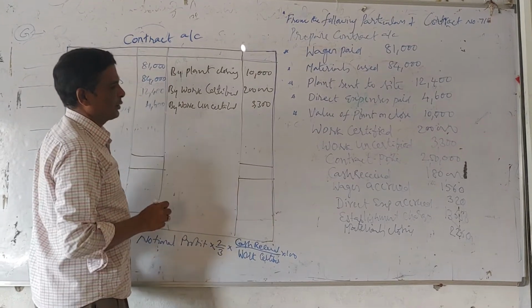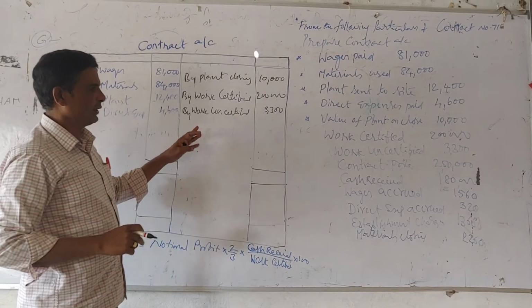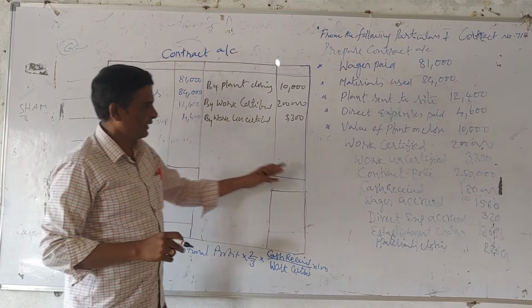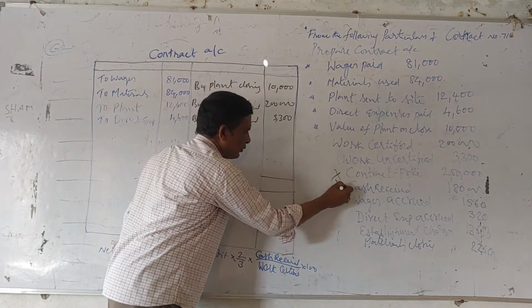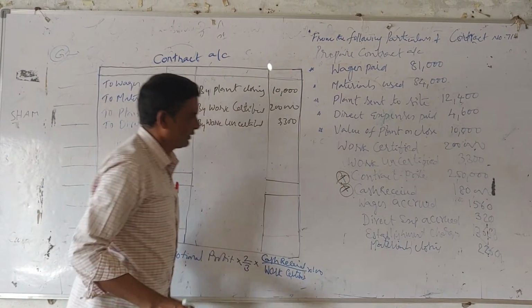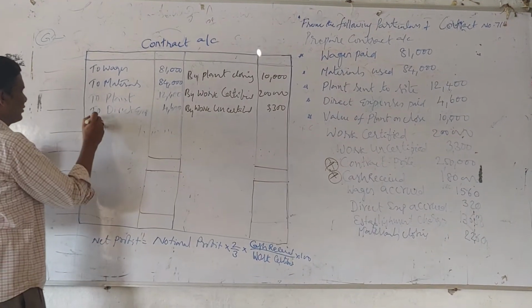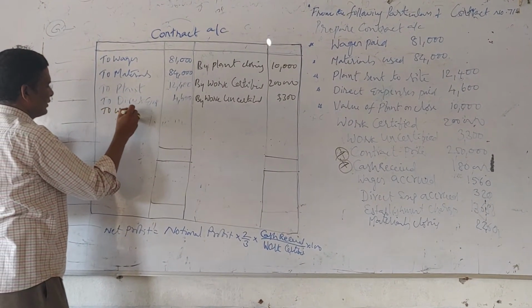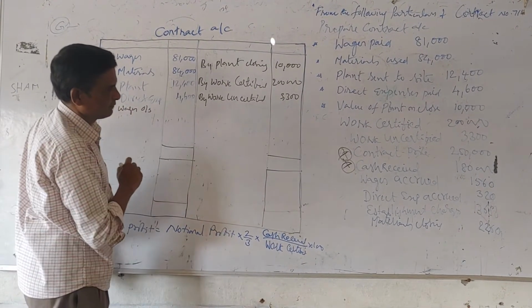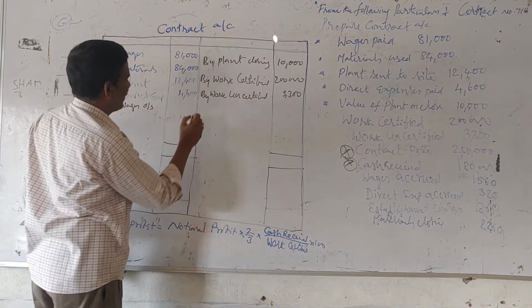Next, contract price need not be taken in contract account, and cash received, these two need not be taken in contract account. And wages accrued, that means wages outstanding, is 1,560.